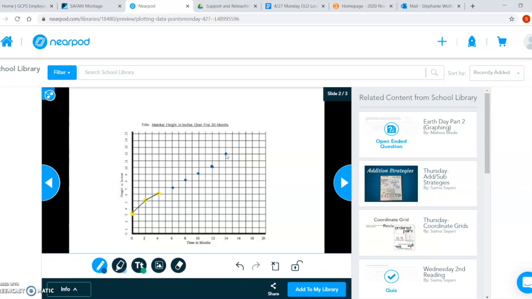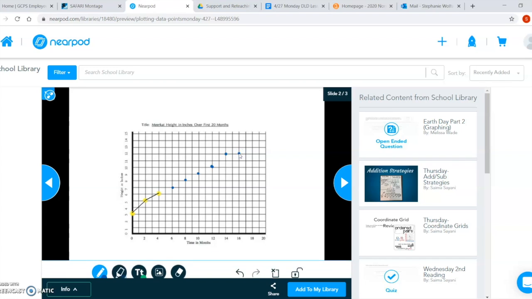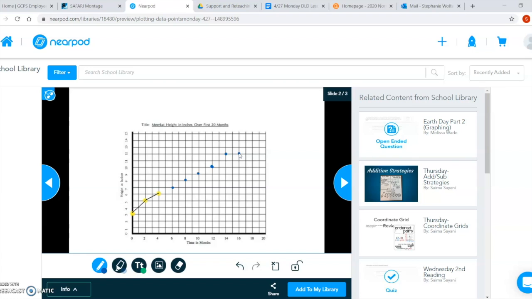Okay, right there. Then at 16 months old, the meerkat is still 12 inches tall. So that coordinate pair is 16, 12.